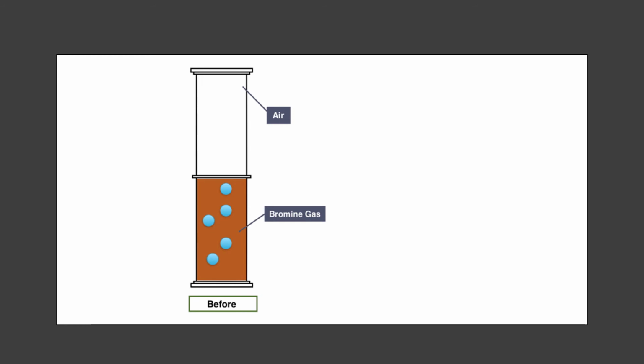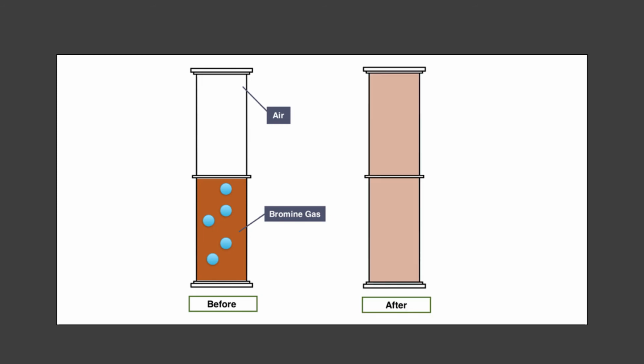What do you think will happen if we remove the cover slip between the two gas jars? What would you see? Something similar to that? Bromine in air diffuses after some time so that the molecules of each gas are spread out evenly throughout both gas jars, and that's the reason why you would see something like that.